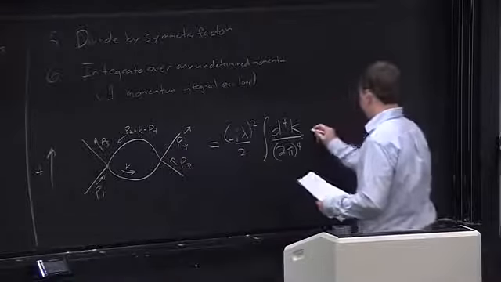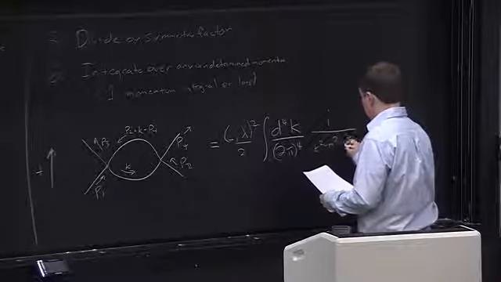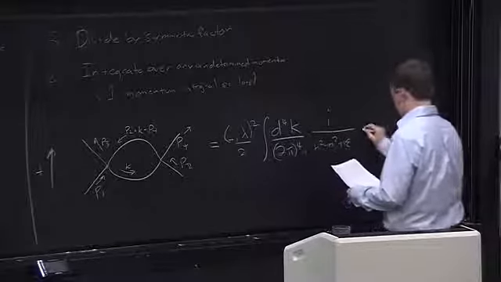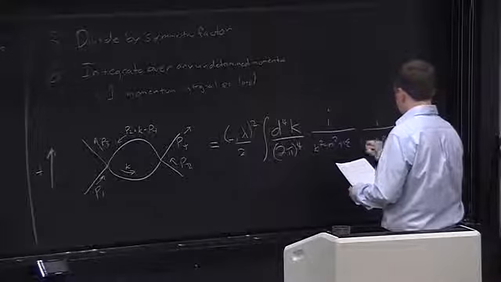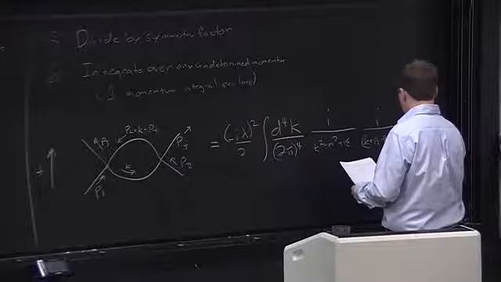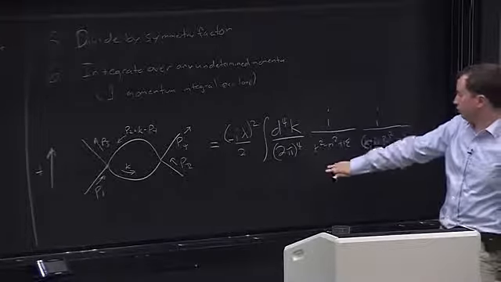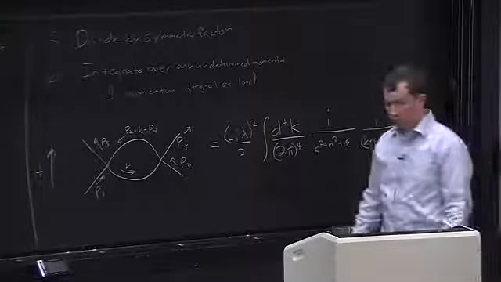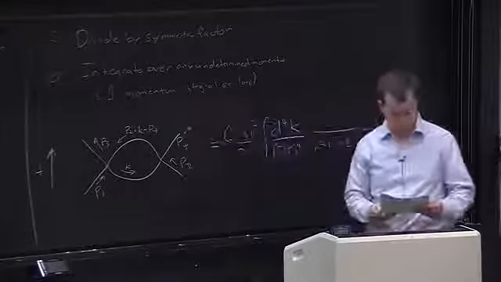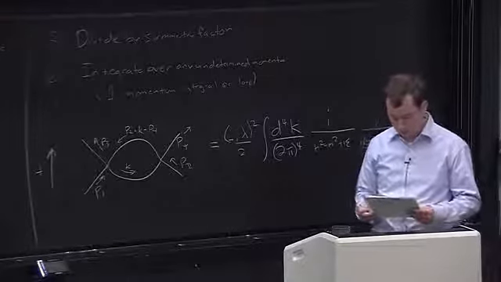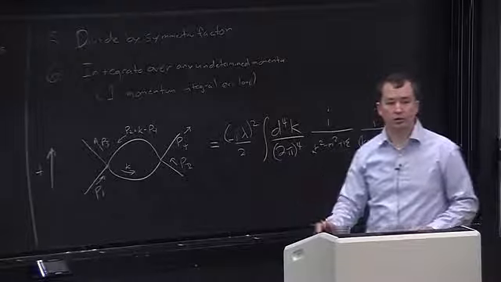So we just write the momentum space Feynman propagator for each of those. And so that's our expression, using these momentum space Feynman rules. Any questions on that?